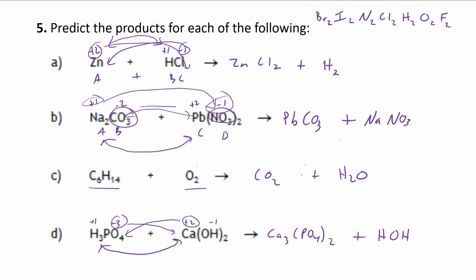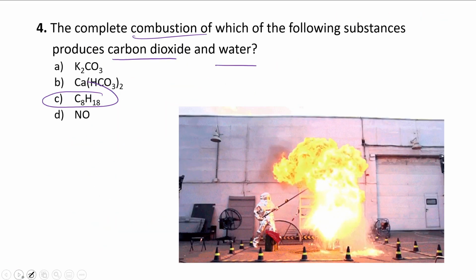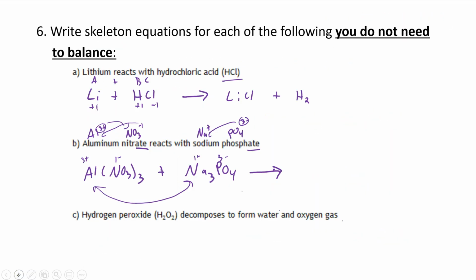Right? So I'm going to have aluminum phosphate, AlPO4. Right? They are both 3s, so there's no need for an additional subscript because they have equal opposite charges. And likewise with sodium nitrate, they are both 1s. There's going to be 1 of each.